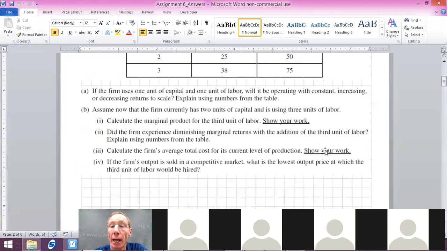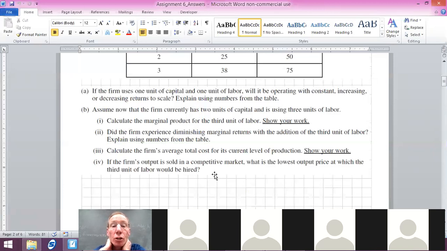So we did that. Now, part 4, if the firm's output is sold in a competitive market, what is the lowest output price at which the third unit of labor would be hired? Now, this is the hardest one. This is the one where we're jumping ahead to the next chapter a little bit, but I'm going to explain how you get this.